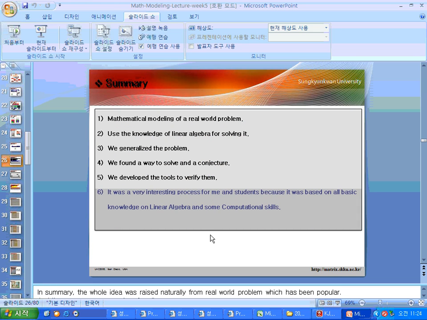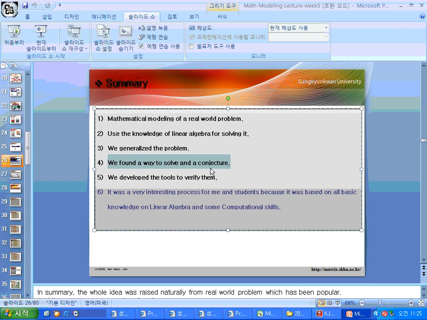Yeah, so this is one good example of mathematical modeling of a real world problem. It just used knowledge of linear algebra, particularly for solving linear systems of equations, and mod 2 and 3 arithmetic. We also used our knowledge of programming and algorithms in Pascal, C, C++, Java, and others as well. With that background, knowledge and our interest, we could generalize the problem.